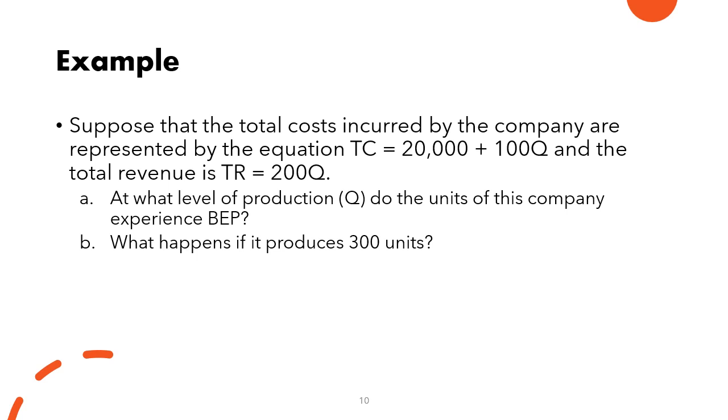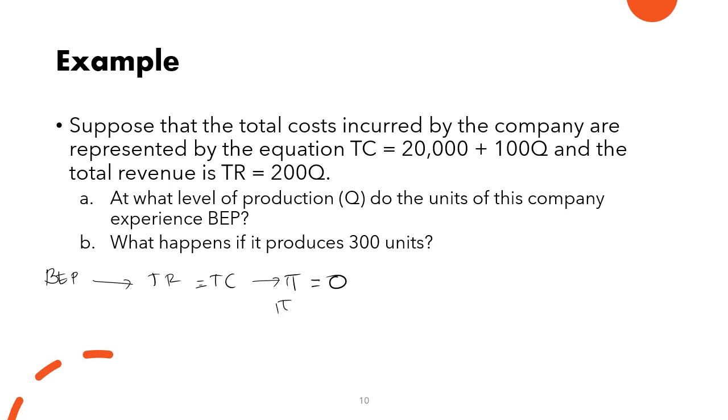So the moment of the BEP happens when TR equals TC, or where profit is 0.